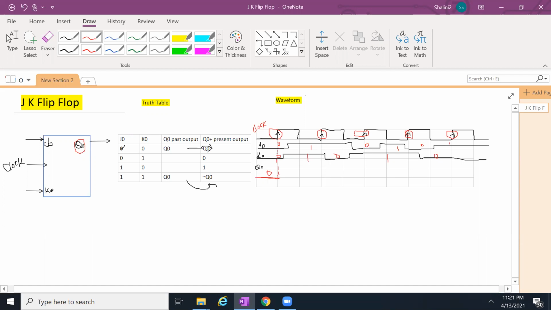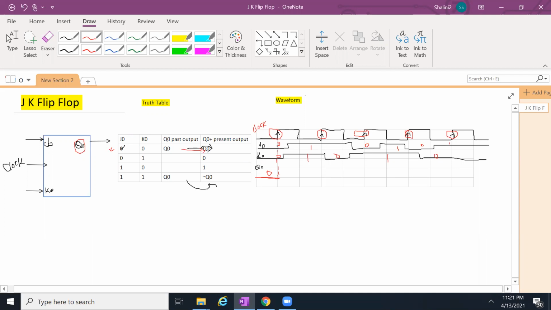If both are the same, it will just hold the past value. In the first case, whenever J0 is 0 and K0 is 0, it will just hold the past value. So the past value is 0.